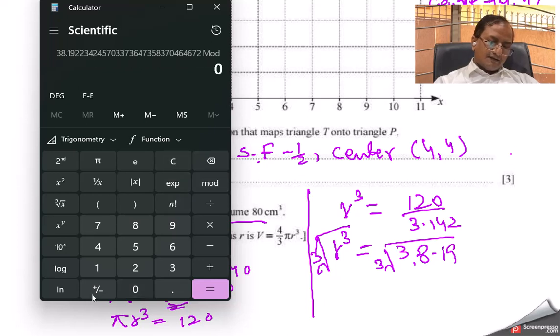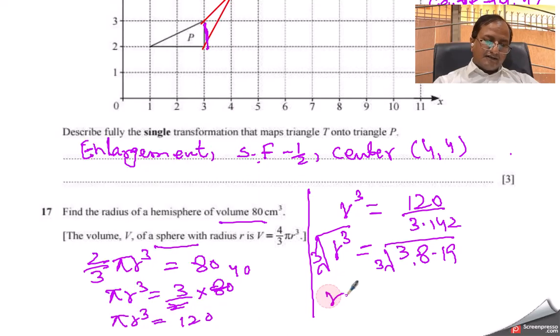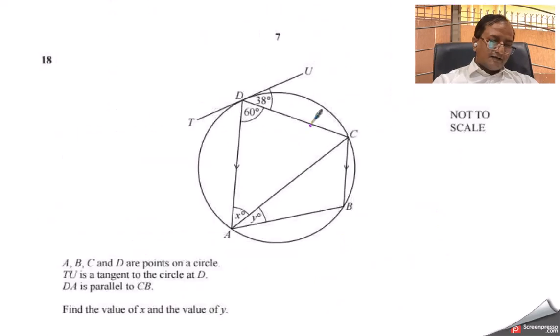It can be 3 point something, because 3 threes are 9 and 9 threes are 27. It is 3 point something, or whatever the answer, you're supposed to check it. Right now I'm not having a calculator. Now we're supposed to check the next question we have.